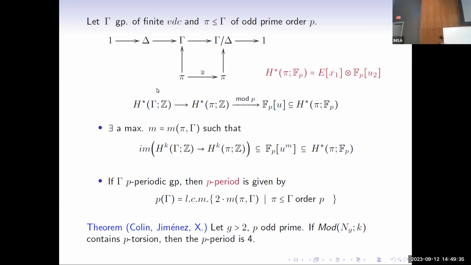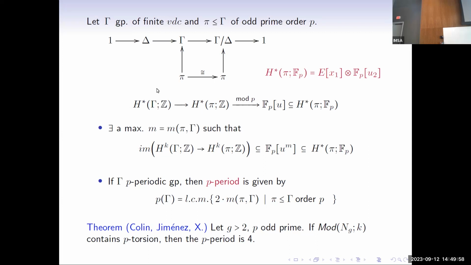And it turns out that if you look at the restriction from the cohomology of gamma to the cohomology of pi, and follow this by the reduction mod p, then you land in the polynomial component, right?